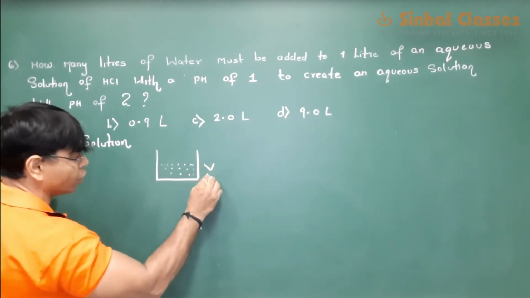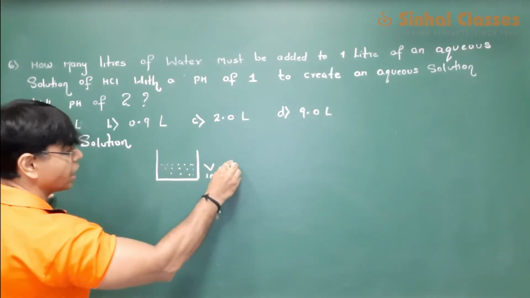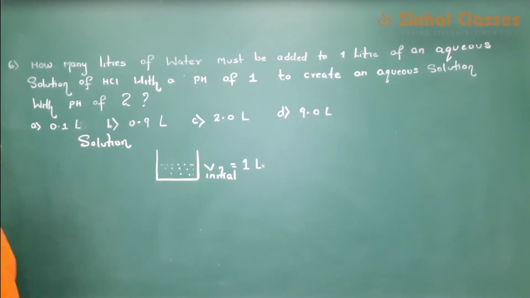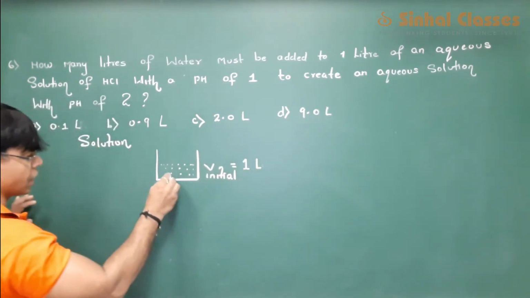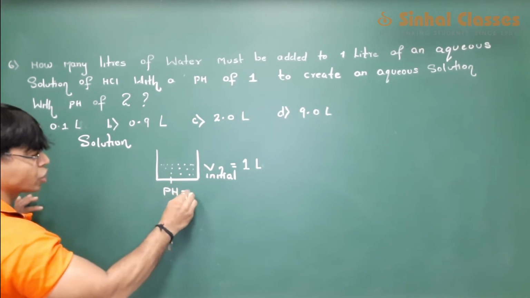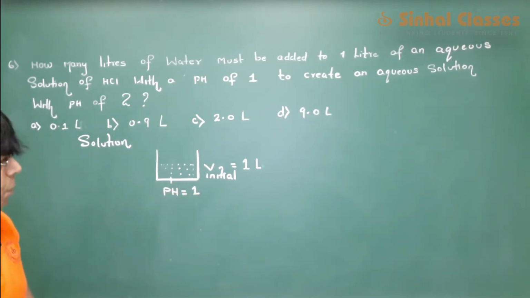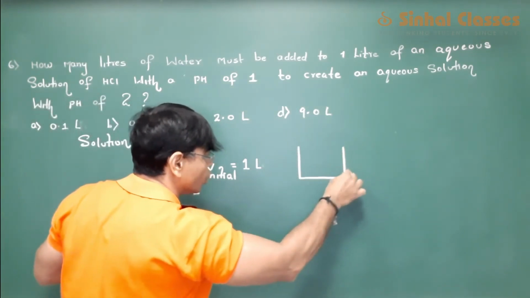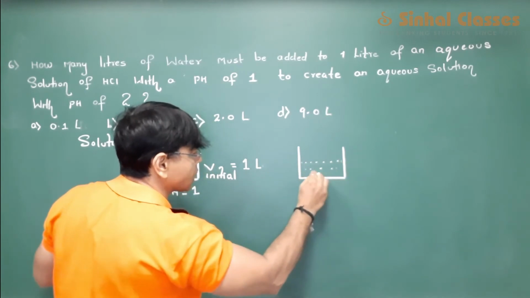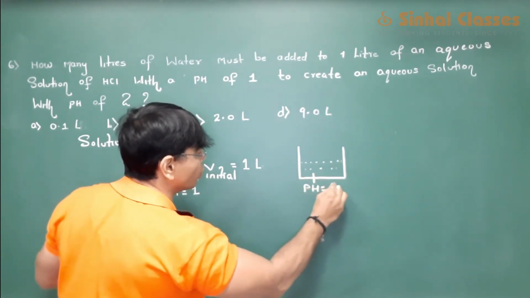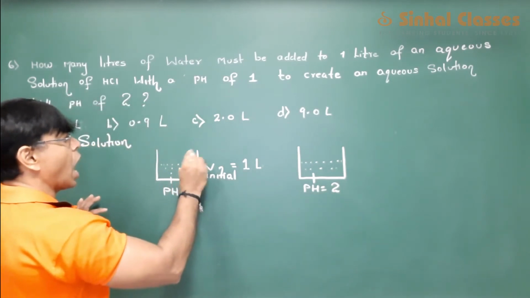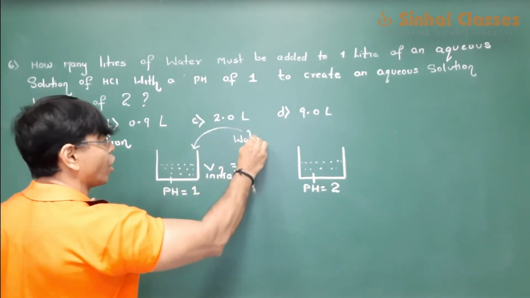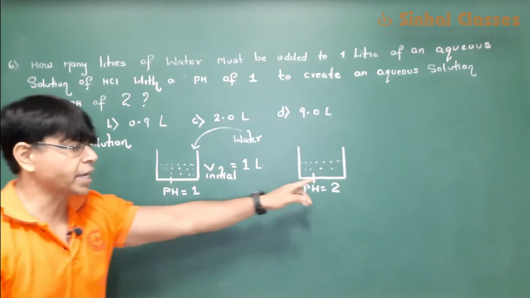So the initial volume is 1 liter. This 1 liter has a pH of 1. So initial pH is 1. Now they want to convert this into a solution of pH 2. They are asking you, how many liters of water should be poured inside to make it pH 2?